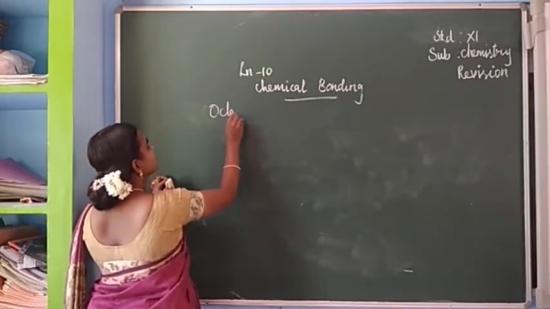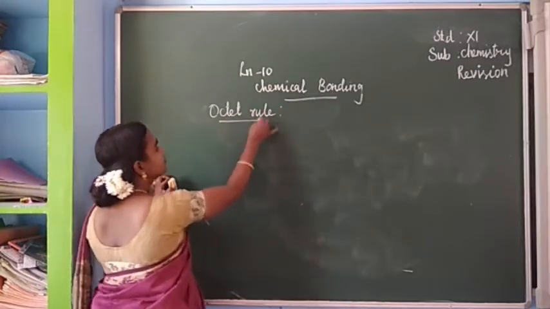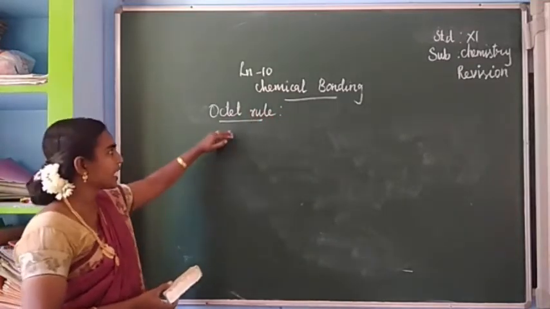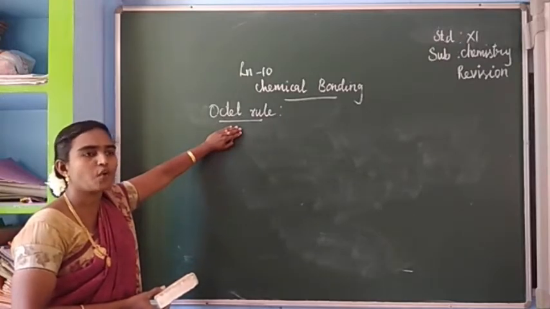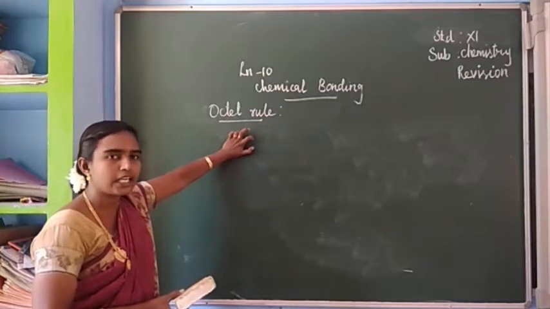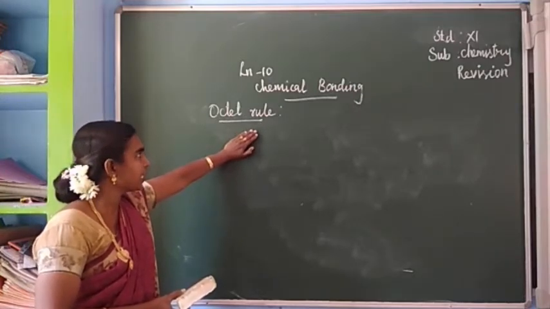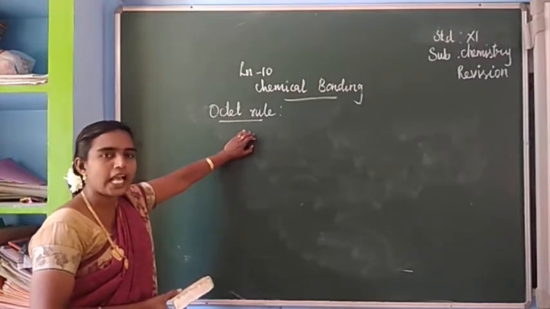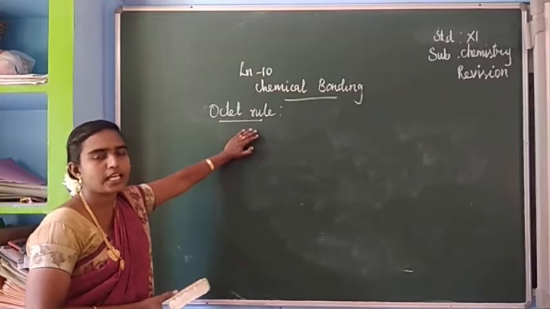Octet rule. So octet rule says that the transfer or sharing of electrons in between two covalently bonded atoms, so that finally each atom which are bonded should get 8 electrons around it.